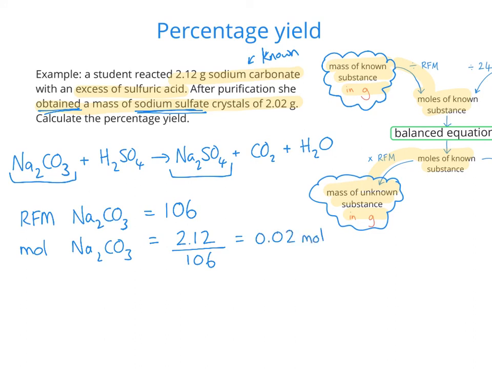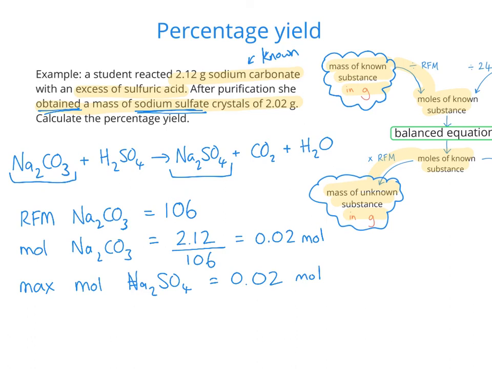Checking the equation, they are 1-to-1, so 1 mole of sodium carbonate makes 1 mole of sodium sulfate. So therefore my maximum moles, I'm just changing the wording, but it's the same process that I went through before, of Na2SO4 equals 0.02. They're the same.